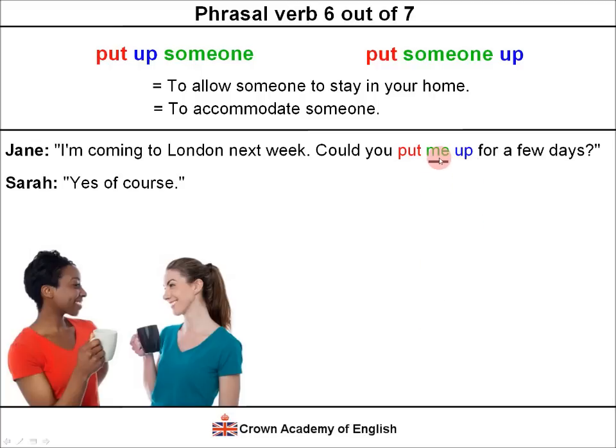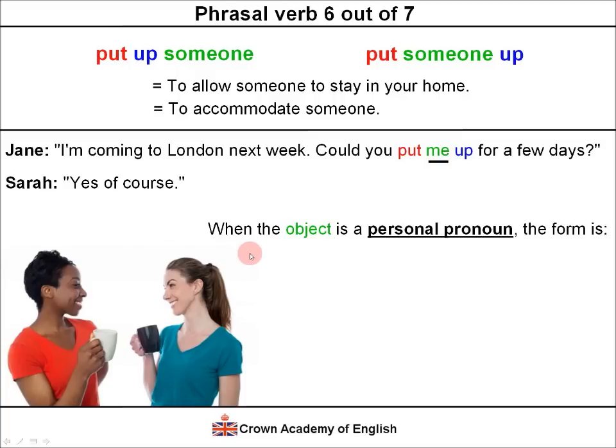Notice here that in this example, the object is in fact a personal pronoun, me. So when the object is a personal pronoun, then the form is always verb, object, particle.